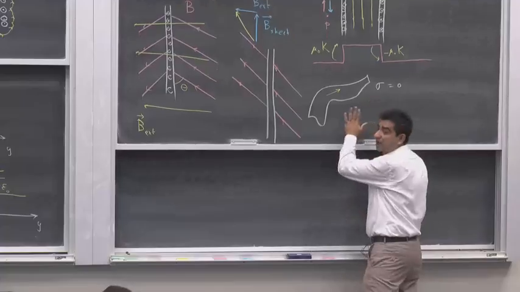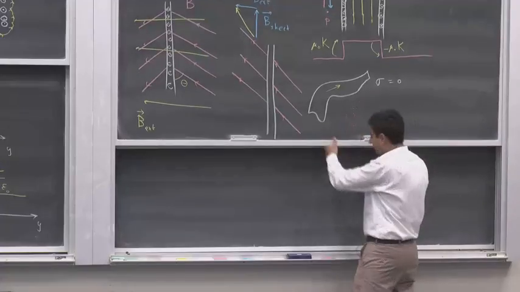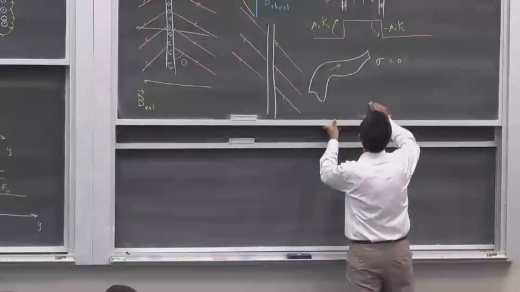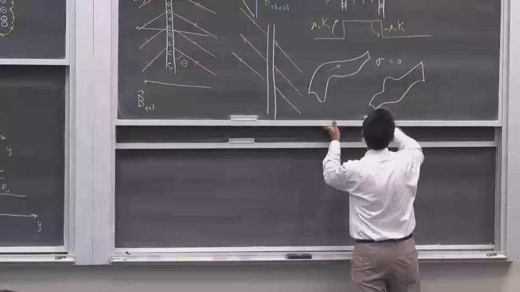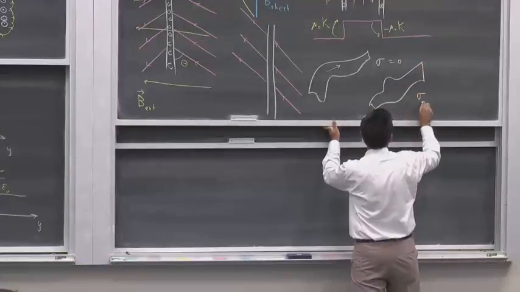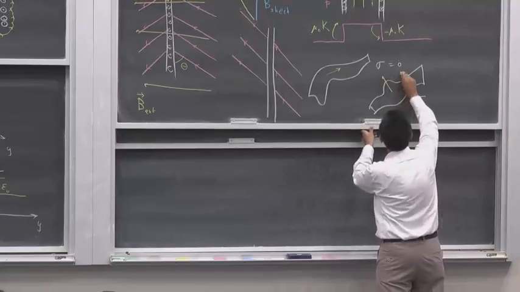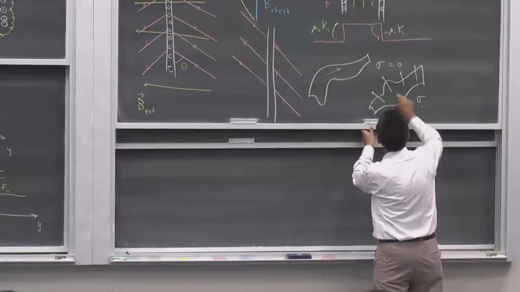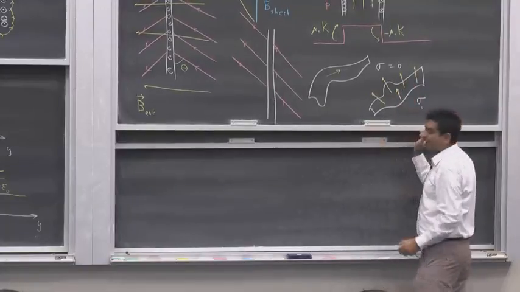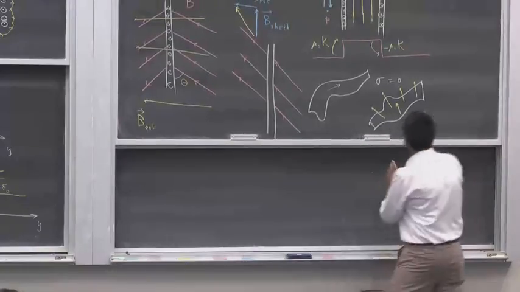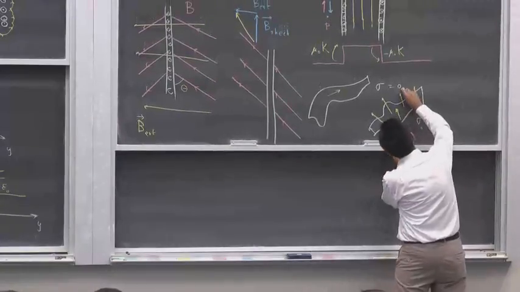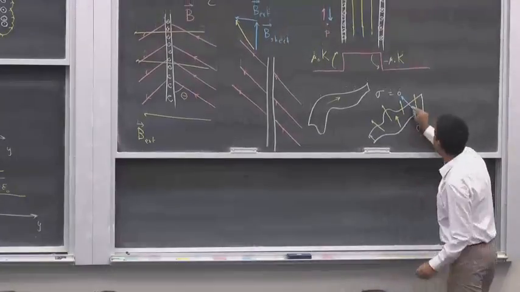If this were a charged sheet, it had some charge. Suppose that charge density was uniform, sigma naught. It can only have electric field lines that are locally normal to the surface. It cannot have an electric field line that is at a slanting angle to the surface.